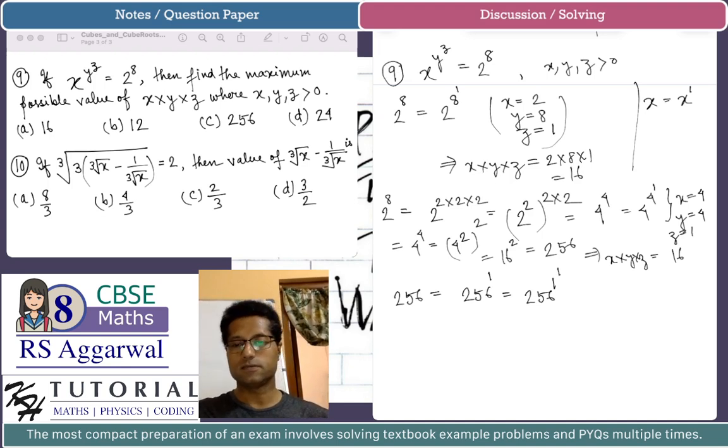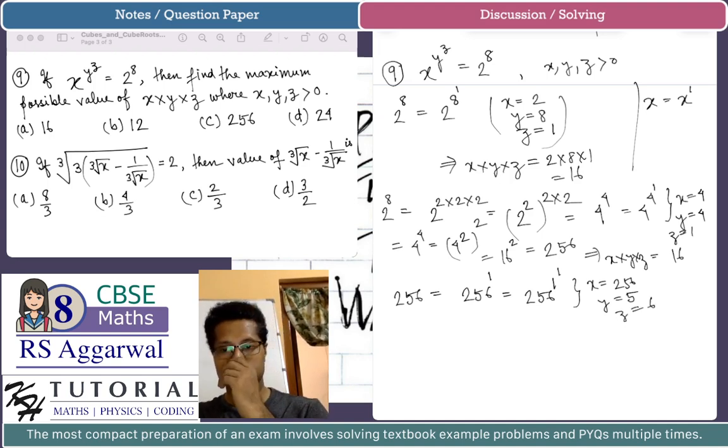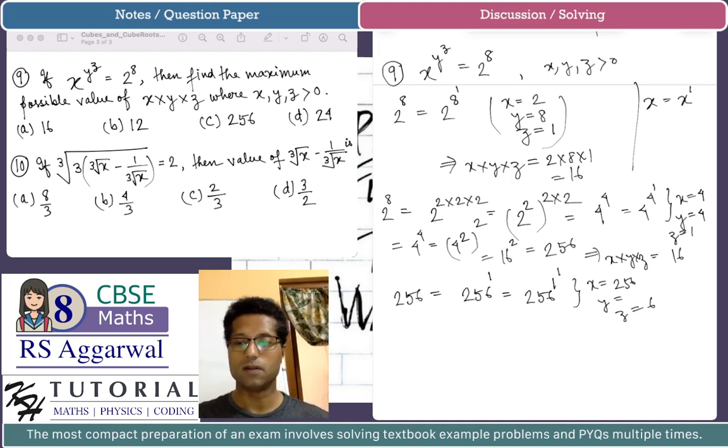So in this case, x is equal to 256, y is equal to 1, because it is 256 raised to the power 1 raised to the power, and that power is 1 raised to the power 1. So y is 1 and also z is 1.